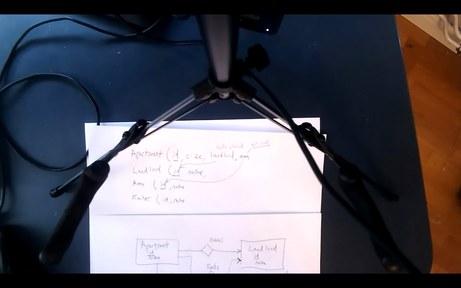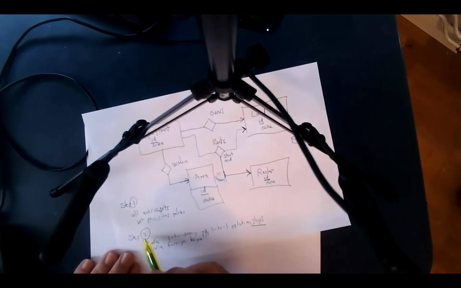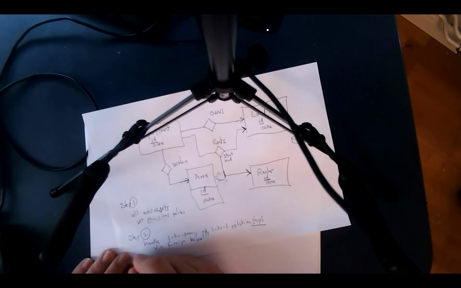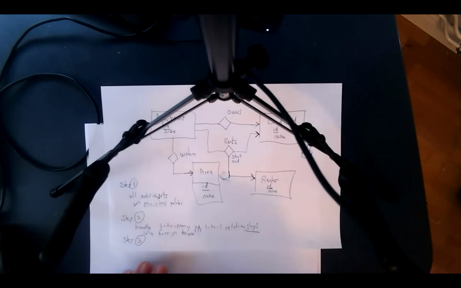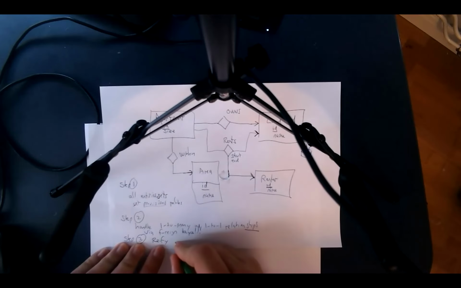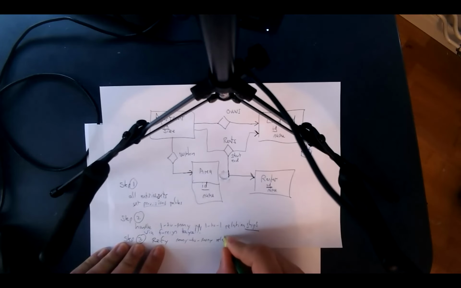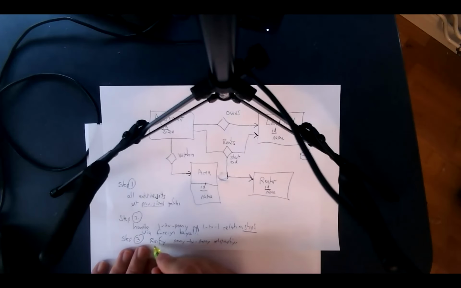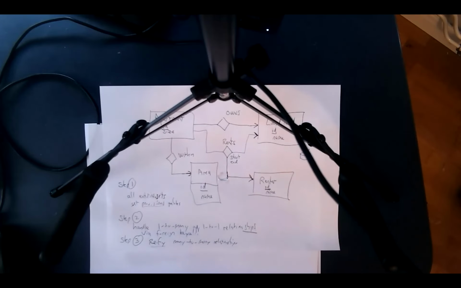Okay, so we've exhausted step 2. Step 2 has been dealt with, and then step 3, I would basically say reify many relationships. I'm using the big, lofty term reify. It means to thingify.